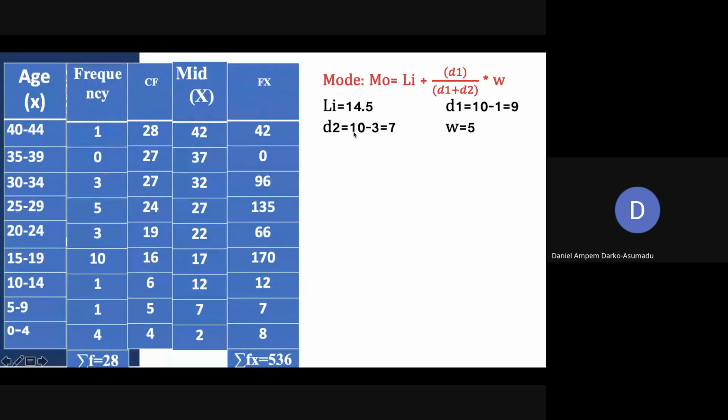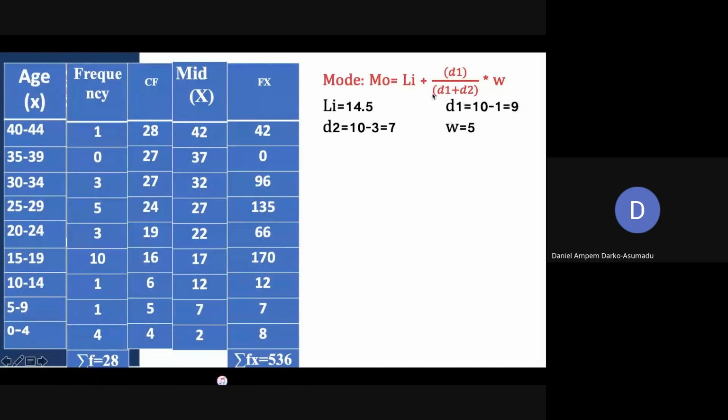Then D2 is the frequency with the mode minus the frequency after, and this is 10 minus 3. And the width is 5. I've told you that to find the width, start counting from the lower limit to the upper limit. 40, 41, 42, 43, 44. Or even if you are starting from 0 to 4, 0, 1, 2, 3, 4. When you count your fingers, you realize that it's 5. So the width is 5.